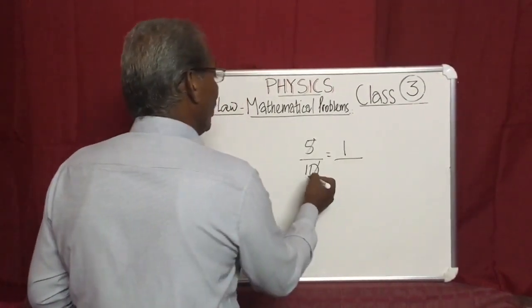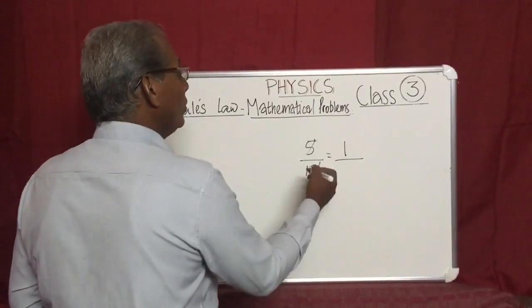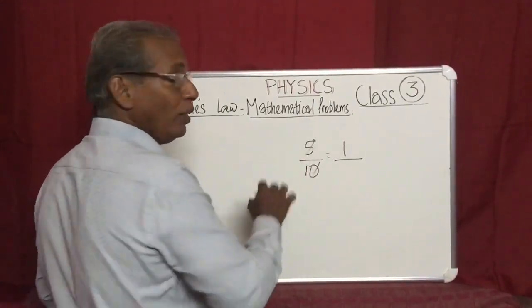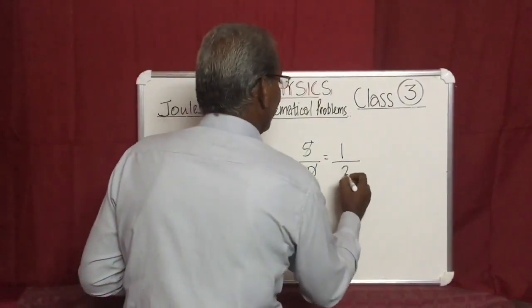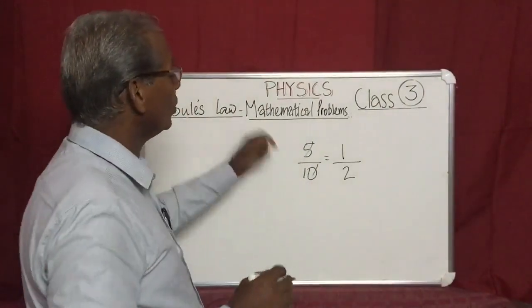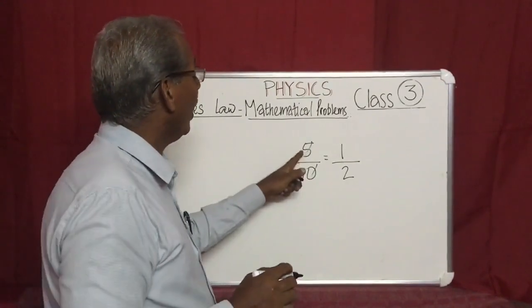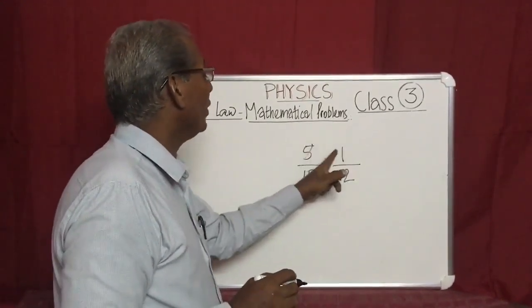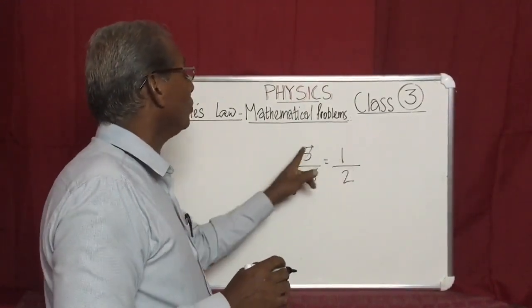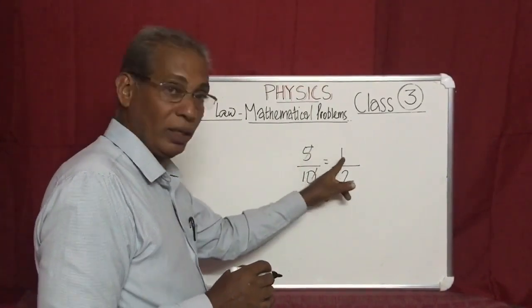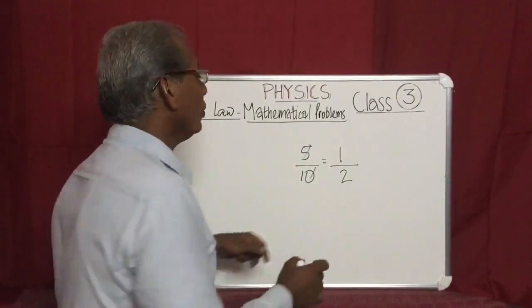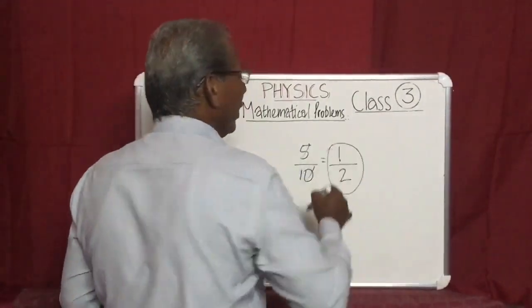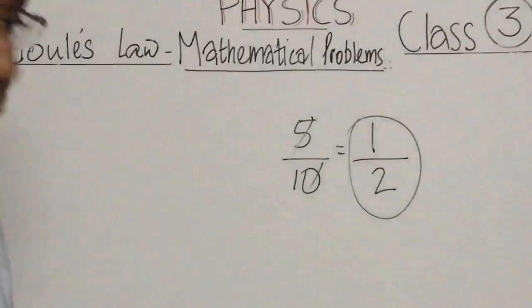From 10, how many times can 5 be contained in 10? 2 times 5 can be contained in 10, so 2 times. So there is no question of writing simply 2 as 1. 1 times 5 is 5, so 1 we are getting here. 2 times 5 is 10, so 2 we are getting. So without any mistake we get the answer 1 by 2.